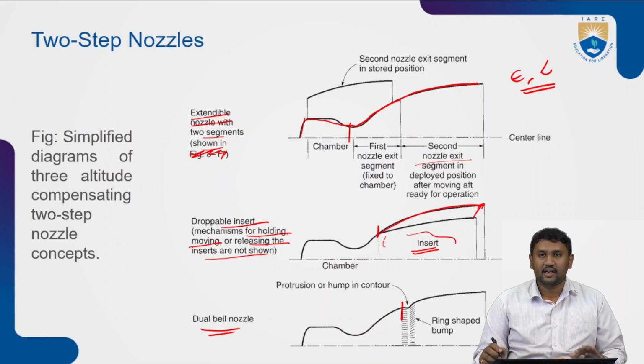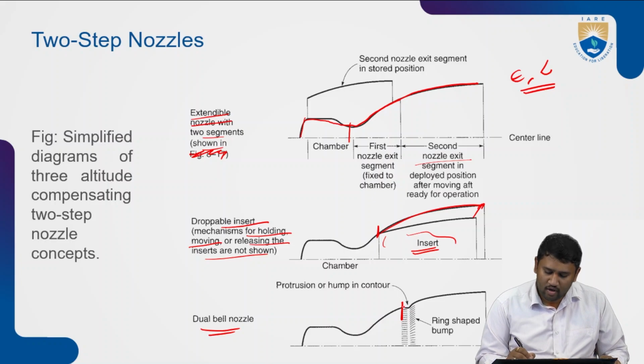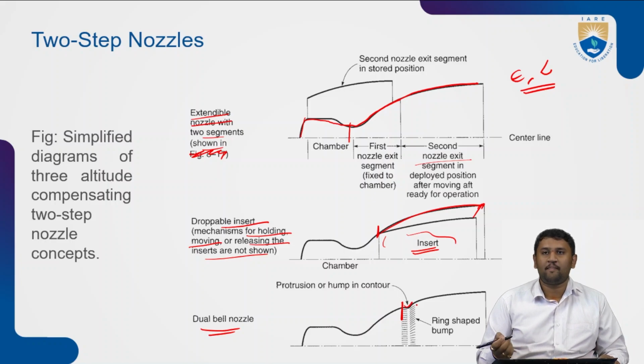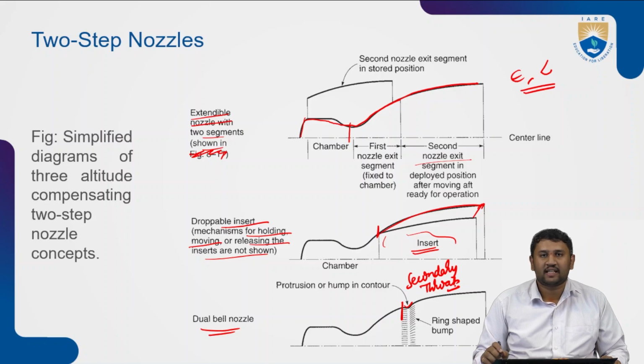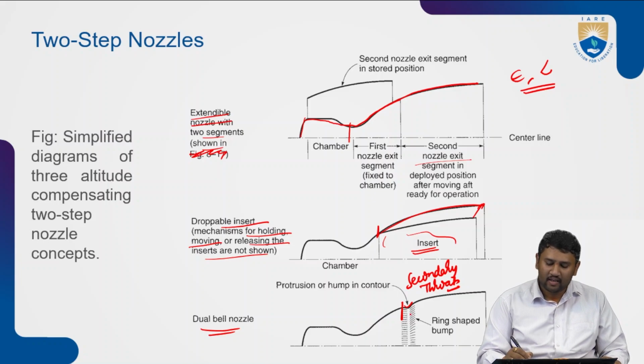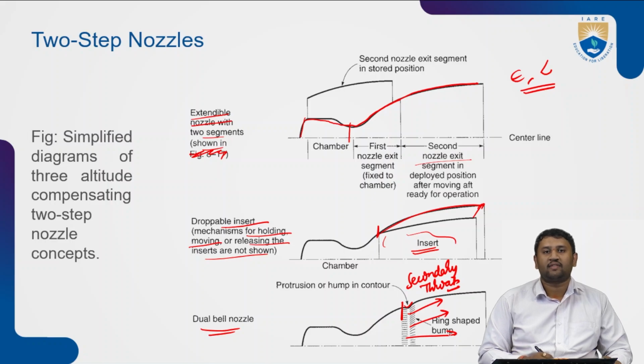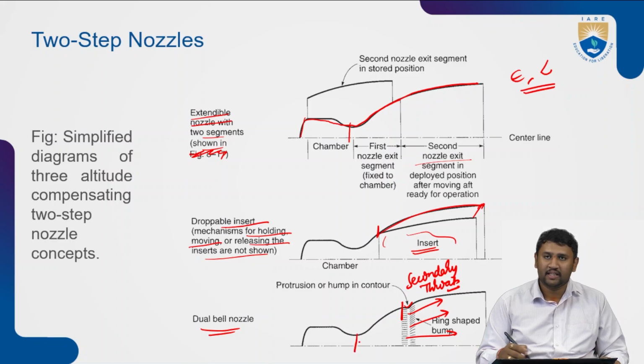As soon as we create a small protrusion or a contour or hump that acts as a secondary throat, that acts as a secondary throat, which again pushes the gases at much higher speeds. This will be my primary, that will be my secondary.